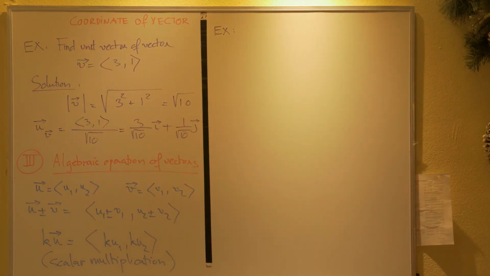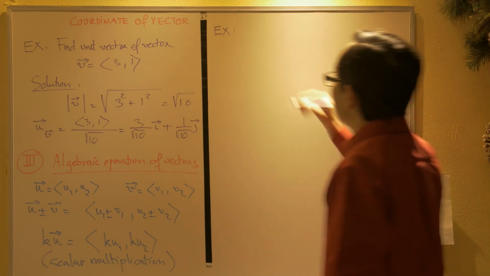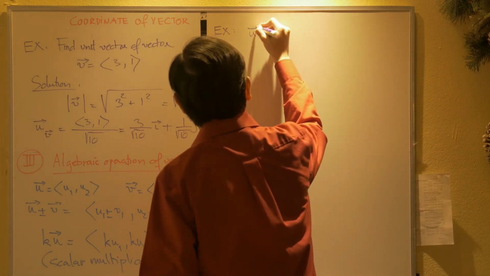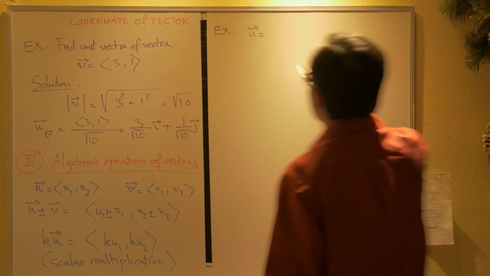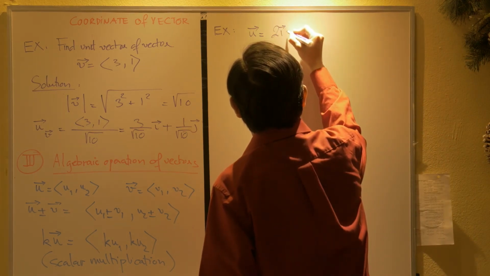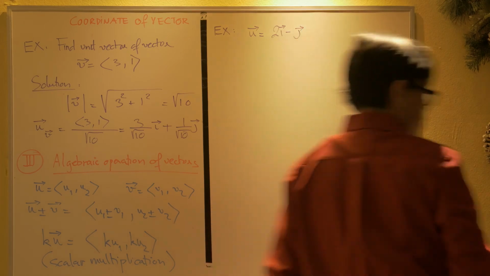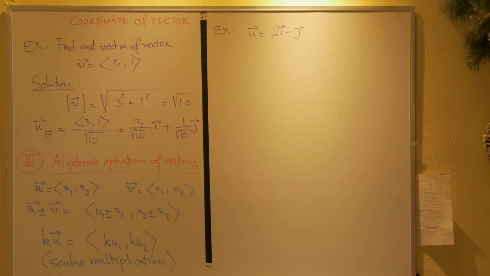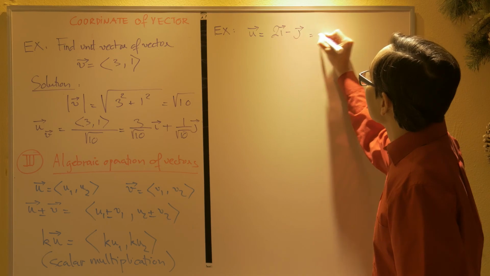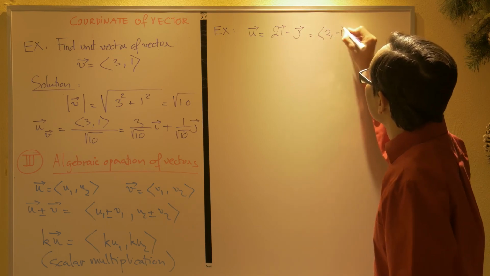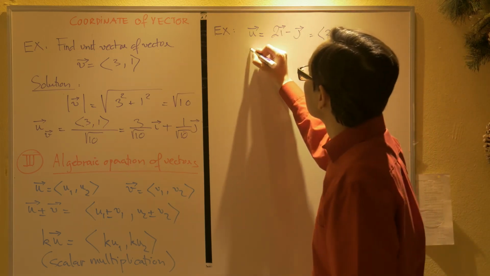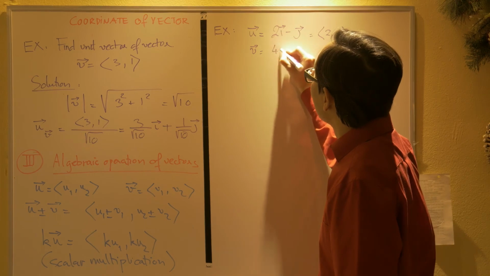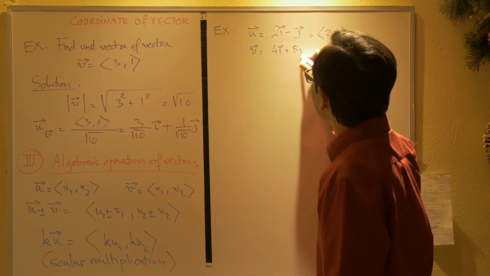Example. I have two vectors. u is expressed in terms of i and j: 2i minus j. And this one is actually (2, -1). And another vector, v, is 4i plus 5j.